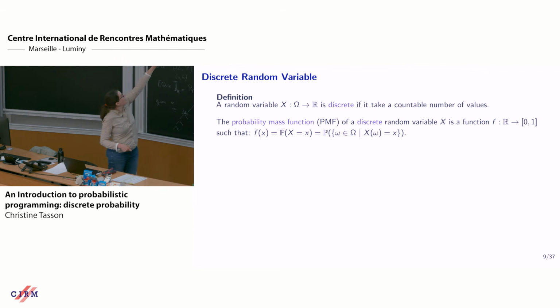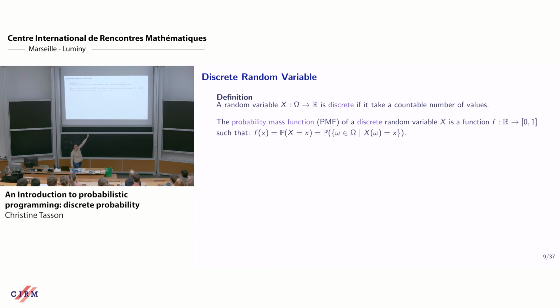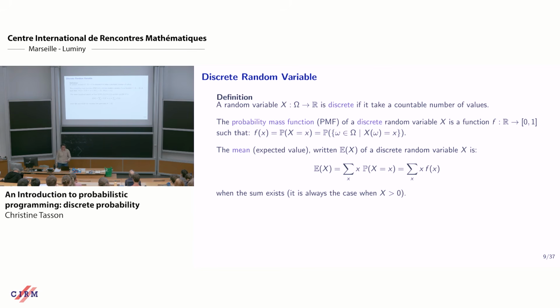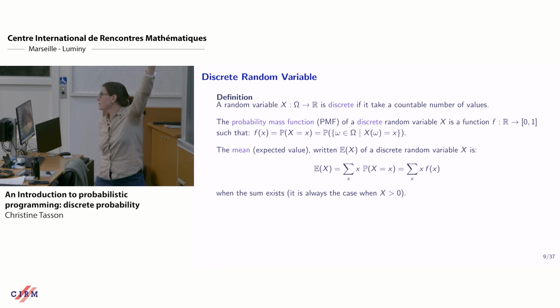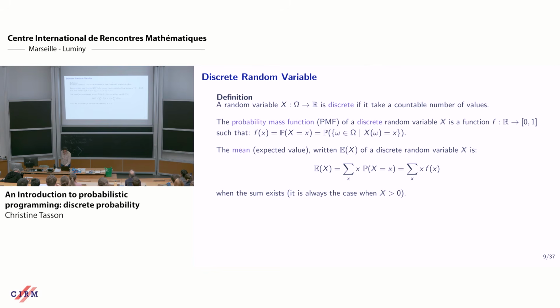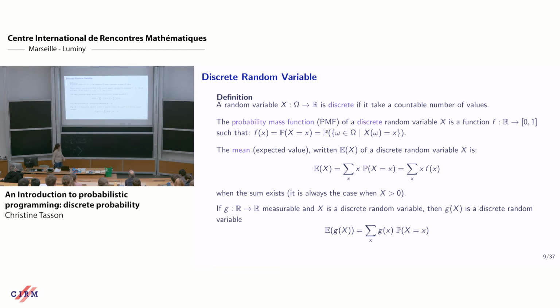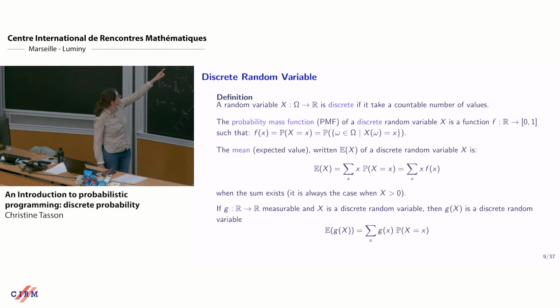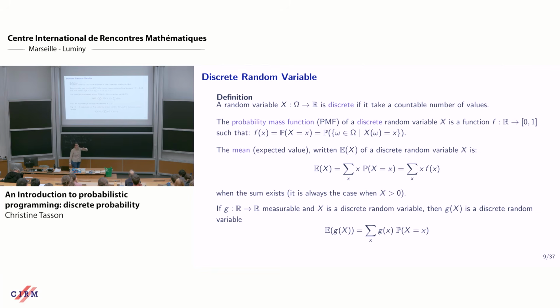So it's the probability of all the sampling traces such that evaluating my random variable X on this trace will give me x. That's the probability mass function. The mean is given by taking the outputs weighted by the probability of getting each output. And I can also compute the mean or the expected value of a function applied to X. That means that I will first sample and then apply my function and take the average weighted by the probability distribution.